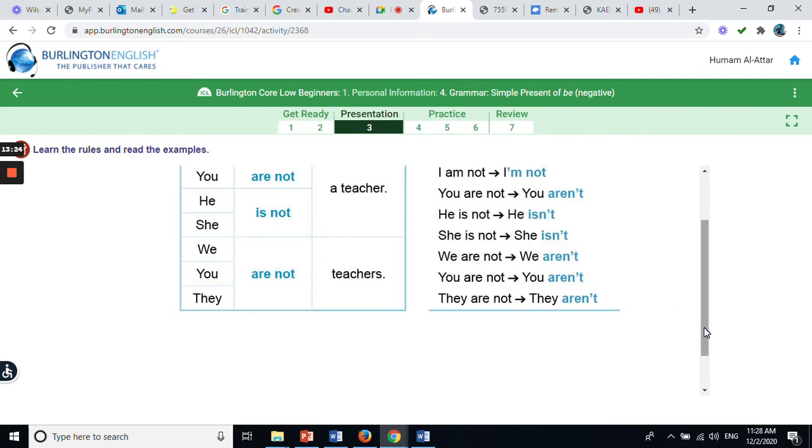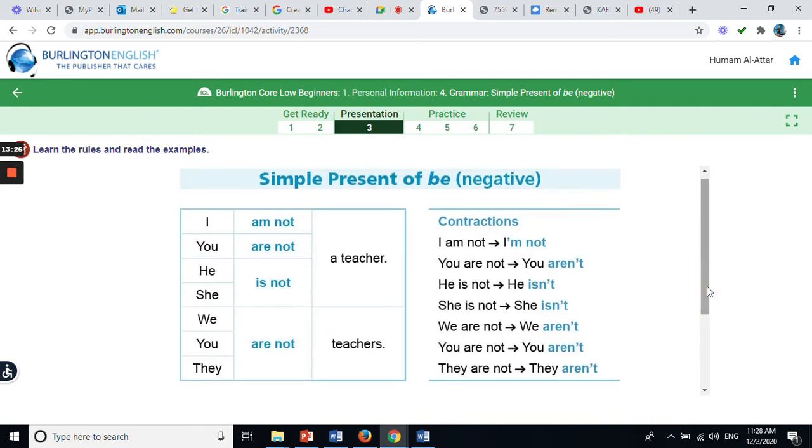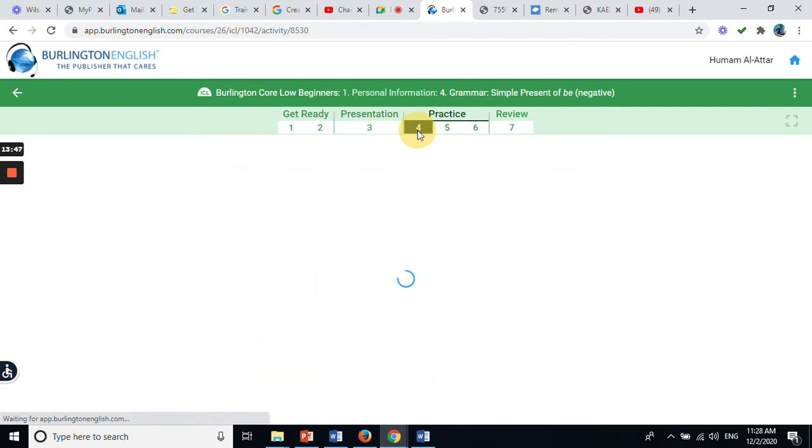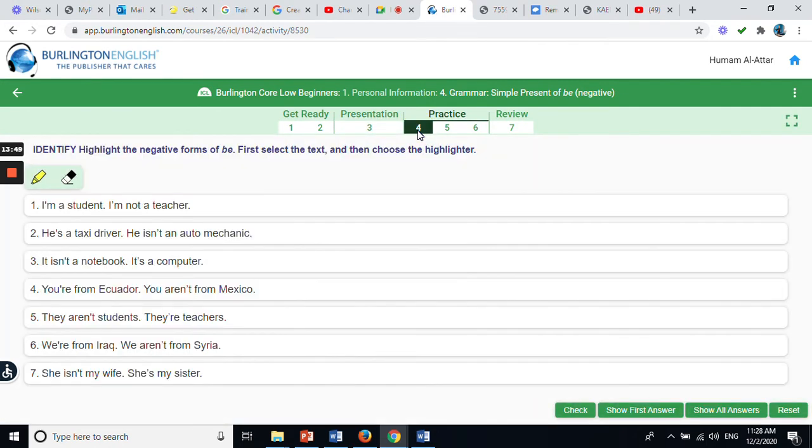Okay? Again, you will have these rules in your student lessons, and you also have it in your packets that we gave you in the orientation. I will need you to copy these rules in your notebooks. Okay? Right. Now, we're going to practice.